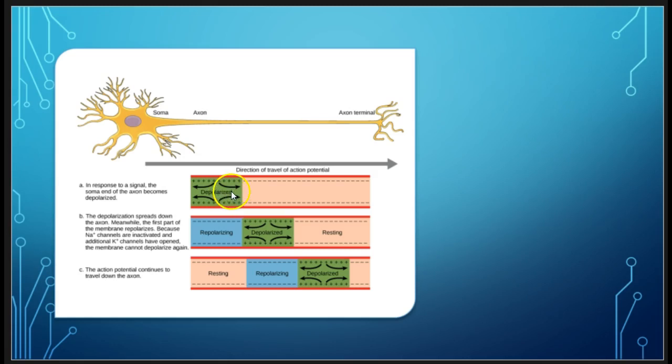As that message goes to the right, we then have that area immediately repolarizing so that it would be ready to receive another stimulus once it has gone back to resting potential. And this process repeats itself all the way down until we get to the axon terminal and send the message to all those adjacent cells that have been mentioned previously.